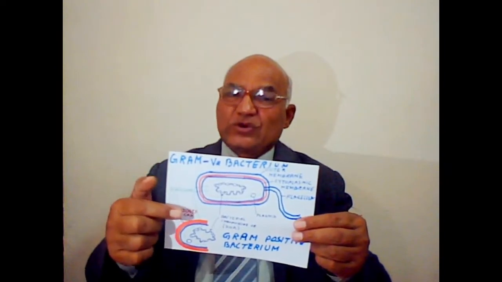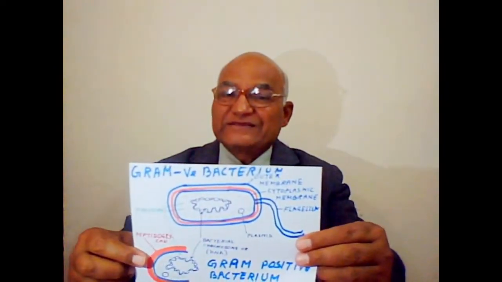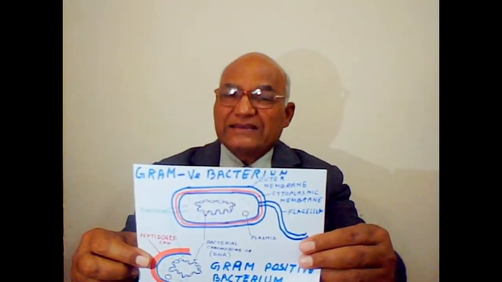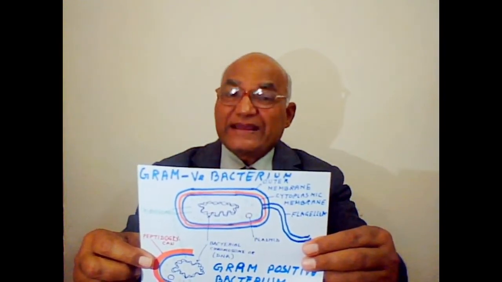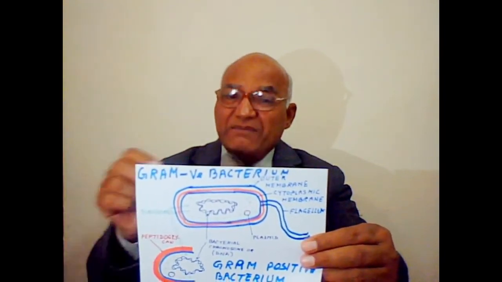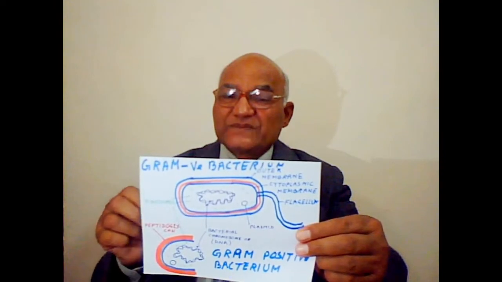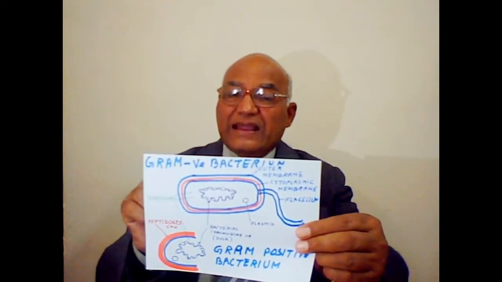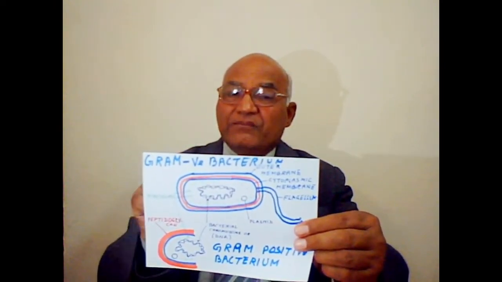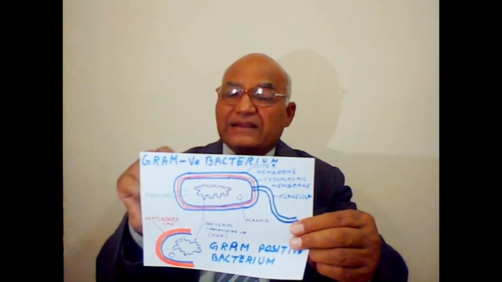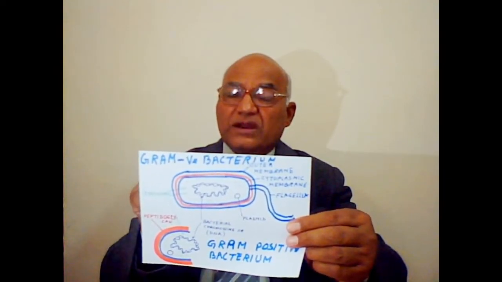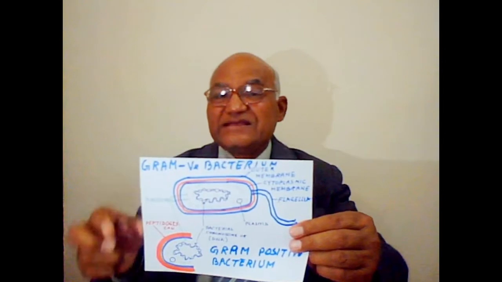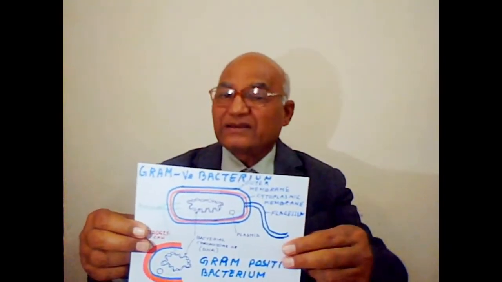This space is known as the periplasmic space. In the periplasmic space, a red line has been shown all around. This is known as the peptidoglycan.